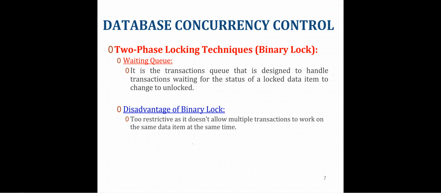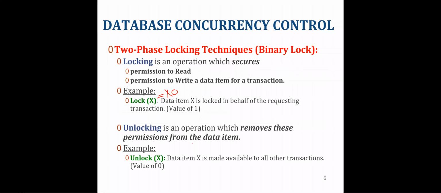The problem with the binary lock is that if you want either to read or write, you have to lock the data item. So for example, if transaction 1 wants to read X, first you have to lock X. You have to lock it, and no one else can use it, even though you won't do anything with it; you're just going to read and leave it.